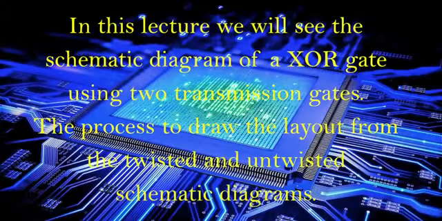In this lecture, we will see the schematic diagram of a 2-input XOR gate using 2 transmission gate, and then how to draw the layout from this schematic and the twisted schematic.